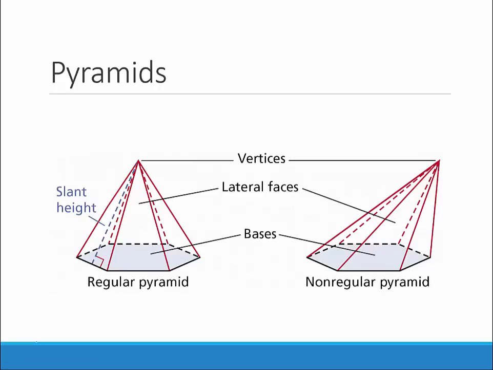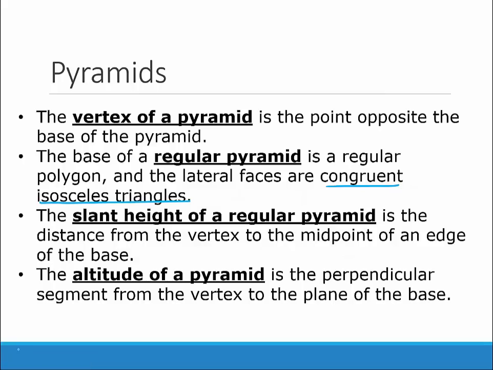So if this is one of our isosceles triangles, this slant height is right in the middle of this, and it's perpendicular. So basically, it's the height of our triangles, which we'll need to find the area of them.